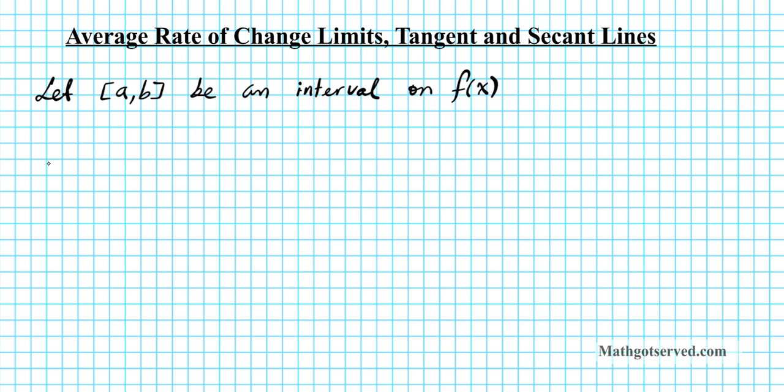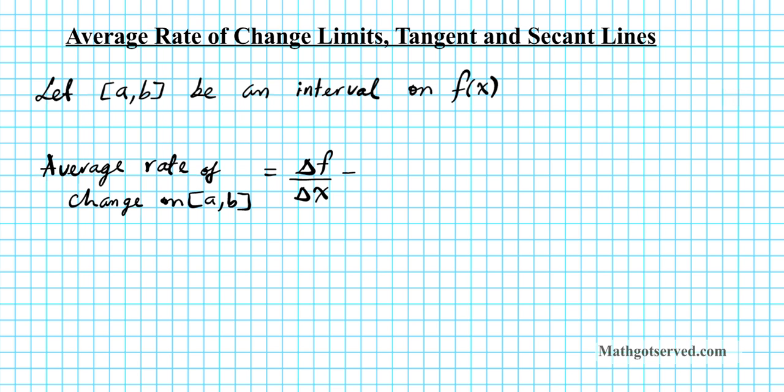Then the average rate of change on AB is basically given by the formula delta f over delta x, which is the same thing as f of b minus f of a.